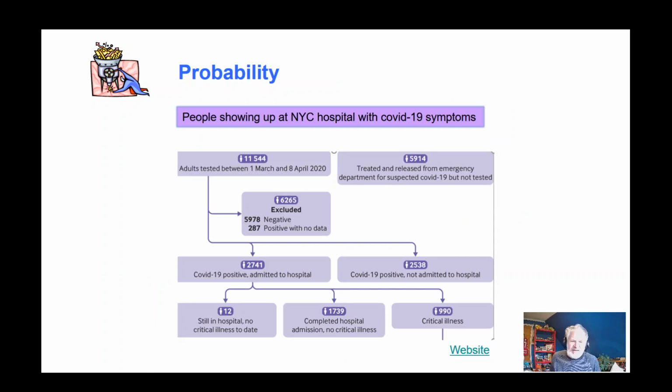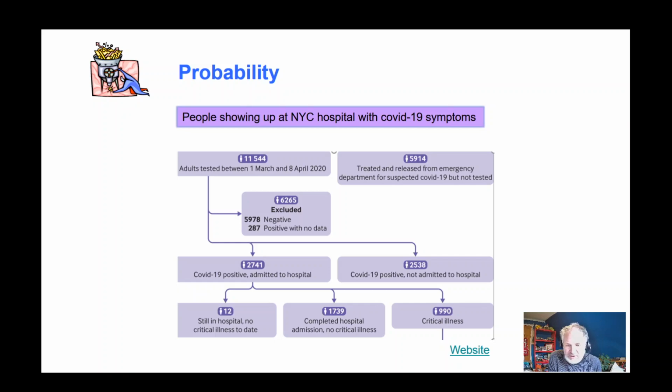The next example is if we look at New York City Hospital. So this was between March 1st and April 8th of 2020. So a person shows up in a New York City hospital with COVID-19 symptoms. So they go into emergency. The hospital staff, the first decision that they have to make is, do they test them for COVID or not?